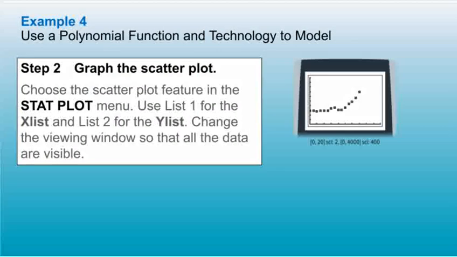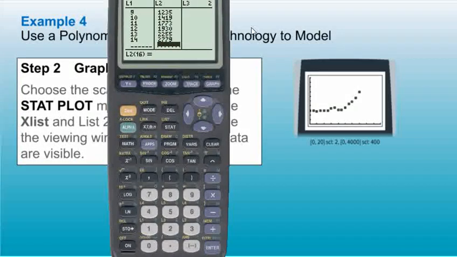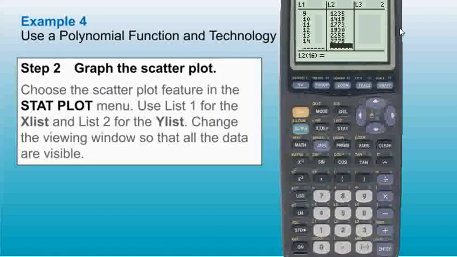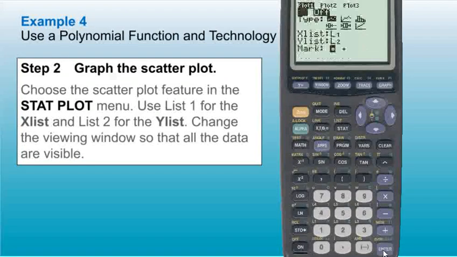The next part is graph the scatter plot. To do that, we need to change the stat plot of our calculator. We need to go to second, y equals. We need to turn plot one on. So I'm going to hit enter, turn this on, and we need this first one highlighted, which I do have.